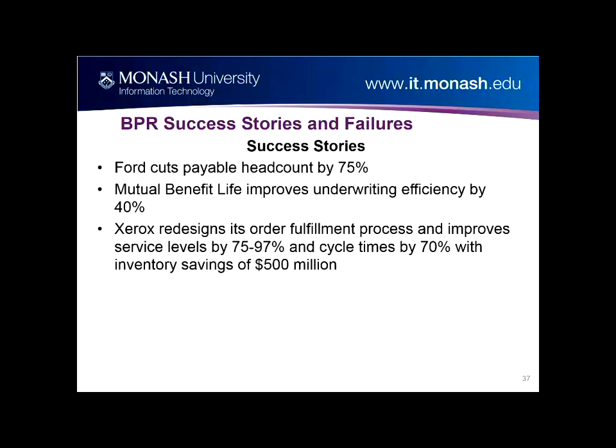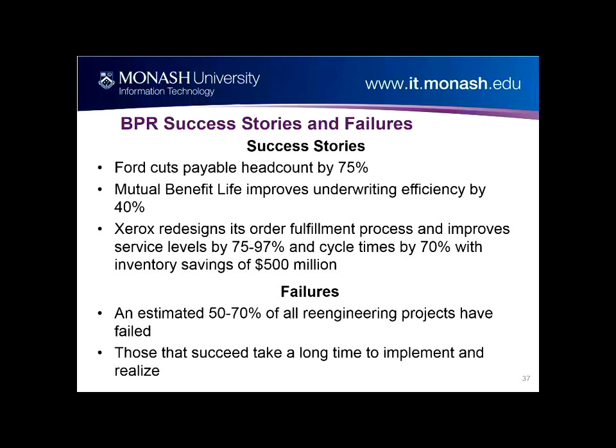So here are some of the stories about BPR, the business process re-engineering success stories. Now you look at it. Ford cut the payable headcount by 75%. Mutual Benefit Life improved underwriting efficiency by 40%. Xerox also had results, but there are many failures due to business process re-engineering, because the process was not properly re-engineered and re-implemented, and that's why it failed.